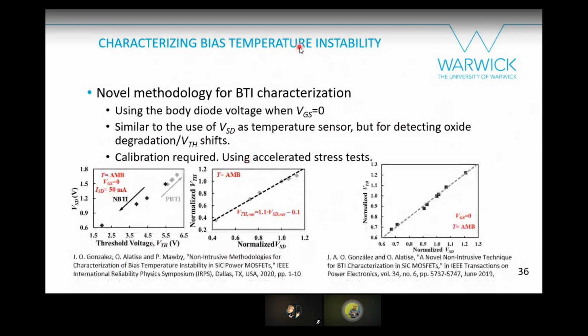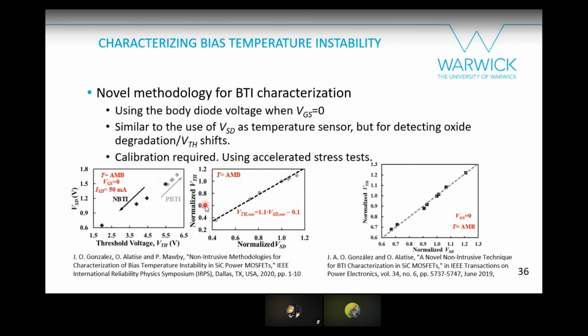So if you remember the body diode voltage as temperature sensor, if your temperature is fixed, let's consider ambient temperature, there was a shift of the VSD. So you can link the relationship between VTH and VSD, and you get a nice relationship.